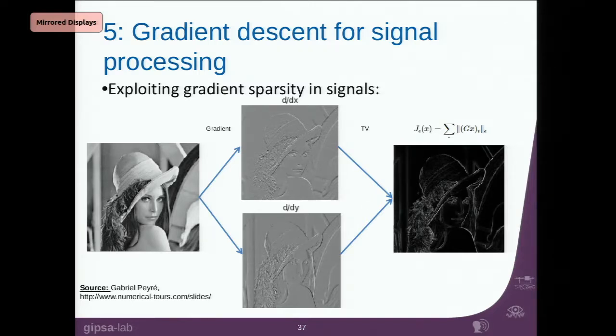And there is a very famous model called total variation, which exploits the fact that natural images mainly feature zeros, but a few non-zero terms when you compute the norm of the gradient in each part. It's a very simple approach that is often used in signal processing.